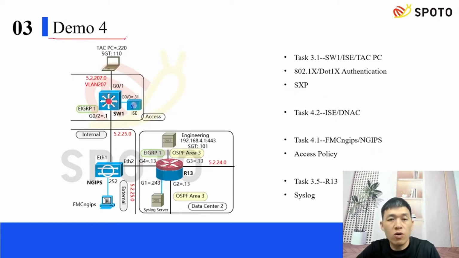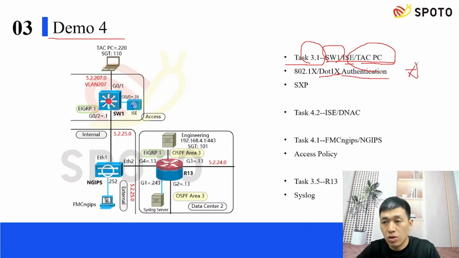And for demo 4, we start configuring task 3.1, and we will configure on these devices. This is virtual switch 1 and TAC PC, and we will configure 1x authentication, one of the AAA authentications.